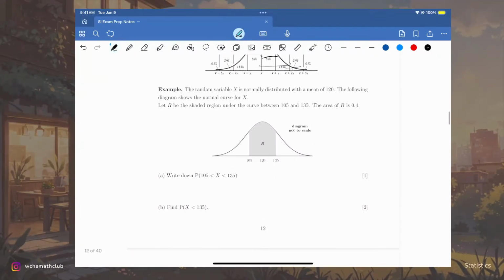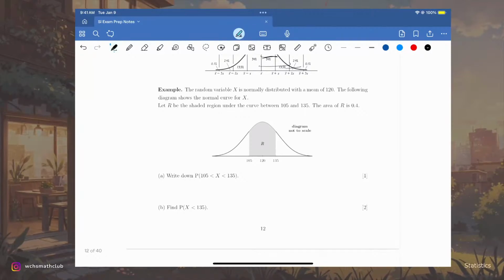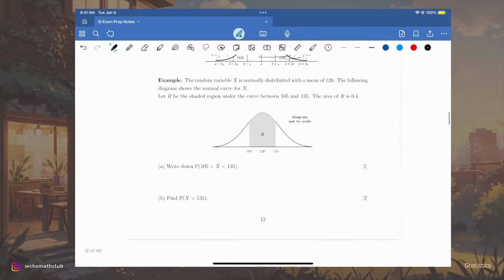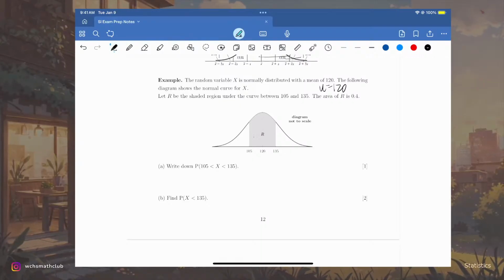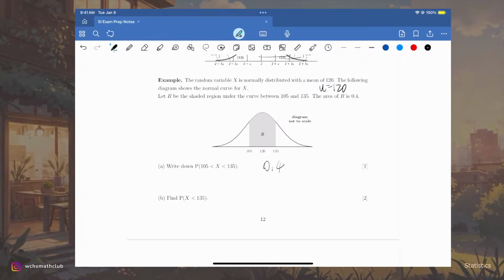Let's do this example now. If a random variable is normally distributed with a mean of 120, so that means our mean is equal to 120, the following distribution shows the normal curve. And this shaded region is the area that we have, and the shaded region is equal to 0.4. What does that mean? The shaded region is equal to the probability of x being within that range.